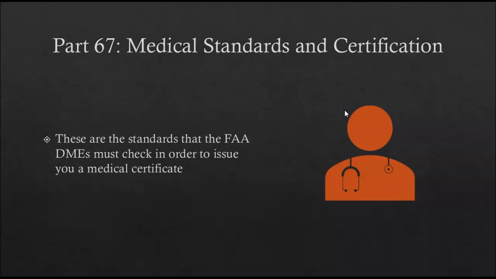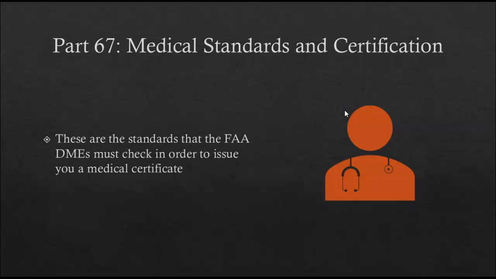Federal Aviation Regulations Part 67 lists all the medical standards that you are required to satisfy in order to be issued a FAA medical certificate. These are standards that the FAA aviation medical examiners must check in order to issue you the different classes of medical certificates.